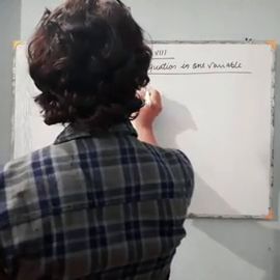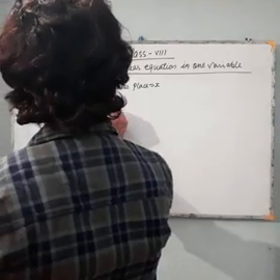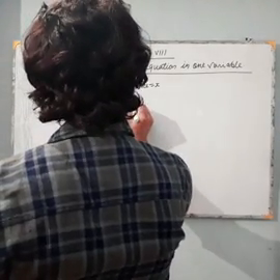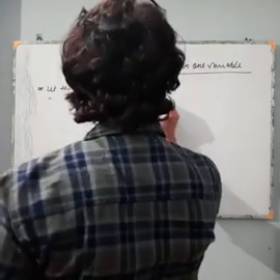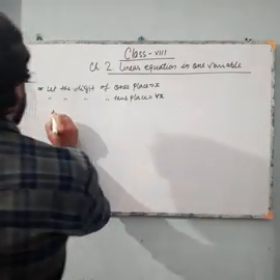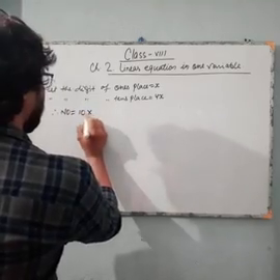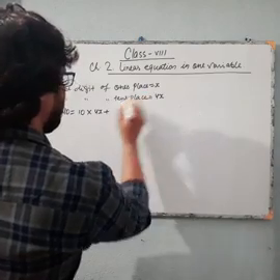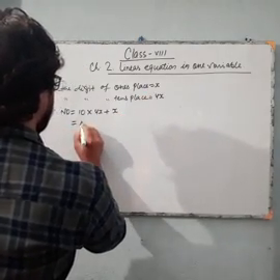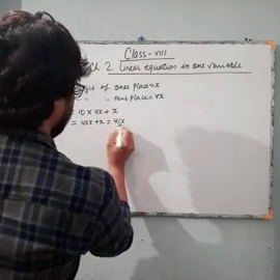Or let the digit of tens place be 4x, since it is given that it is 4 times. Then we have to form the number of 2 digits. Number is equal to 10 into the digit of tens place, that is 4x, plus the digit of ones place, that is x, is equal to 40x plus x, that is 41x.